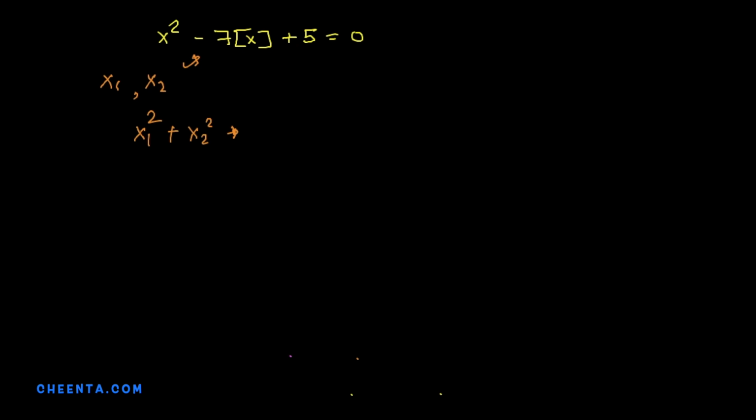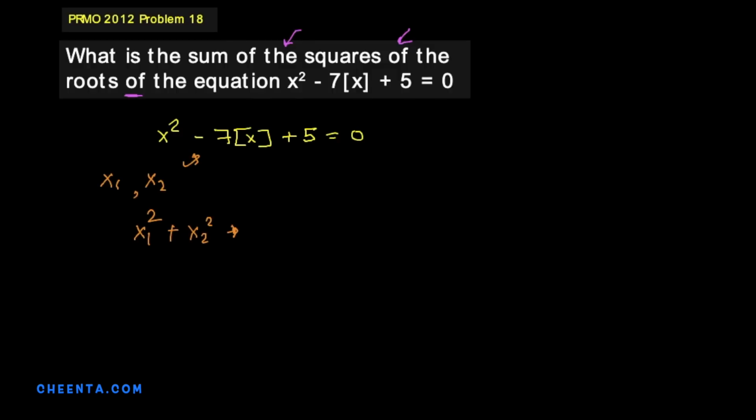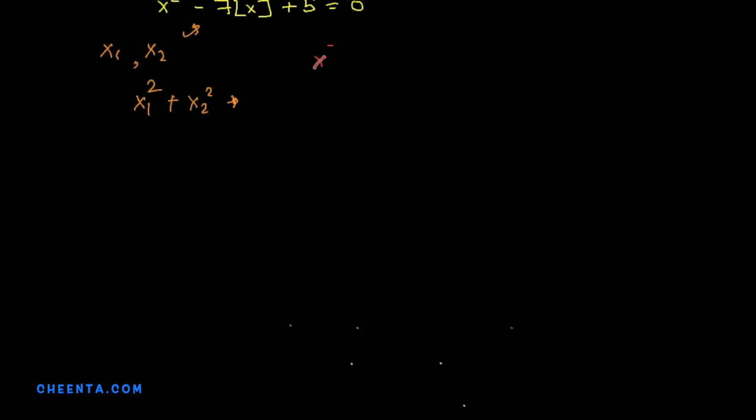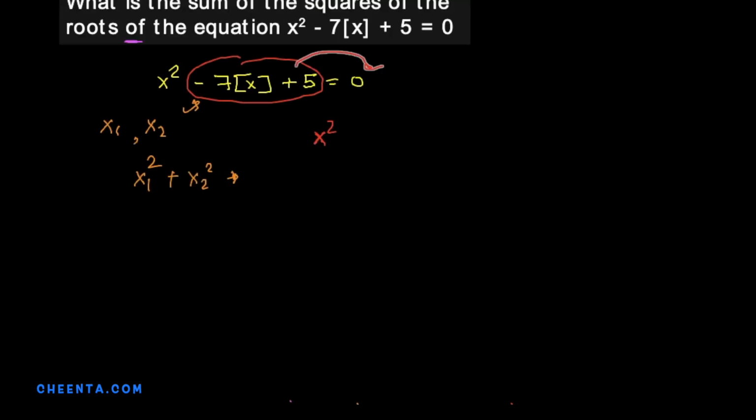We make a very simple observation. If I bring the box part and 5 to the other side, we see that x square is equal to 7 times box x minus 5. So x square is in fact an integer.